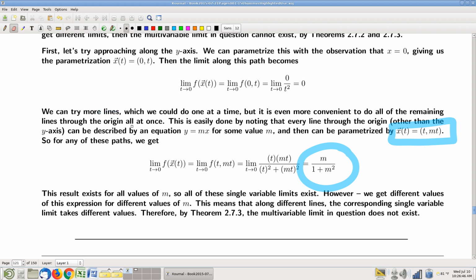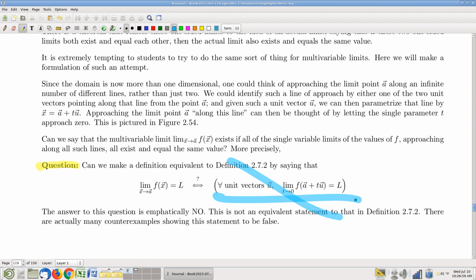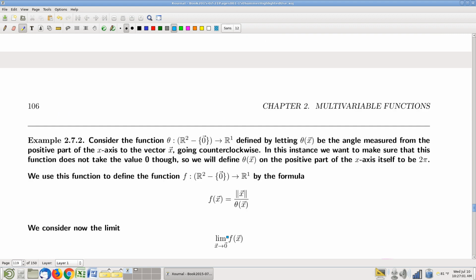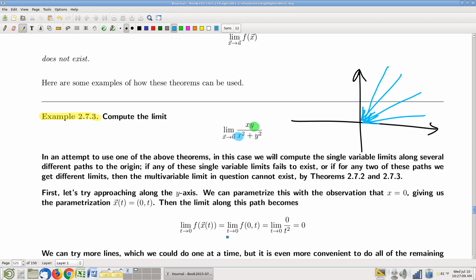Okay. Very importantly, don't stop after checking all the straight lines. We talked about that back here. It's simply not good enough to check all the straight lines. Here's a nice example, the spiral on this function. Straight lines don't do a good job on understanding that.